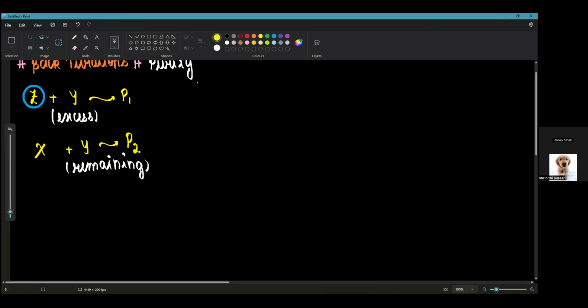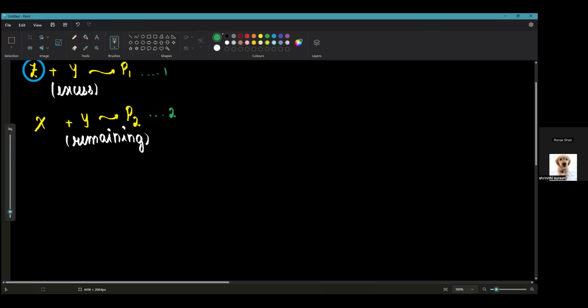If I apply the law of gram equivalence, from the first equation, I will say that gram equivalence of Z is equal to gram equivalence of Y. But how much amount of Y?